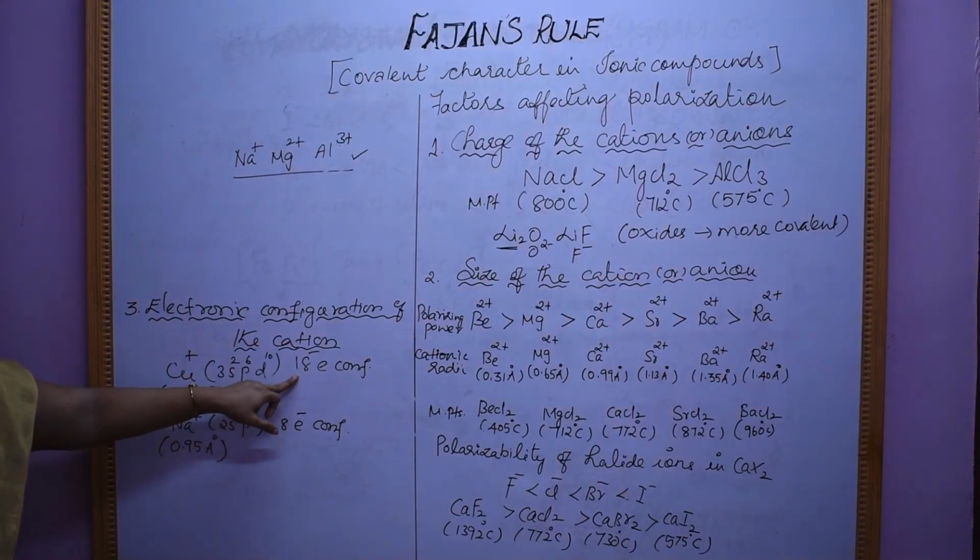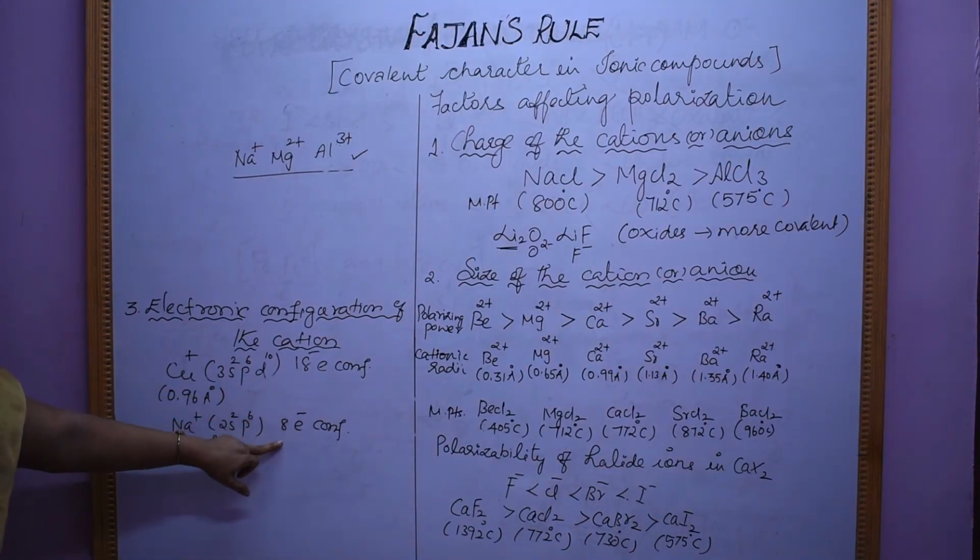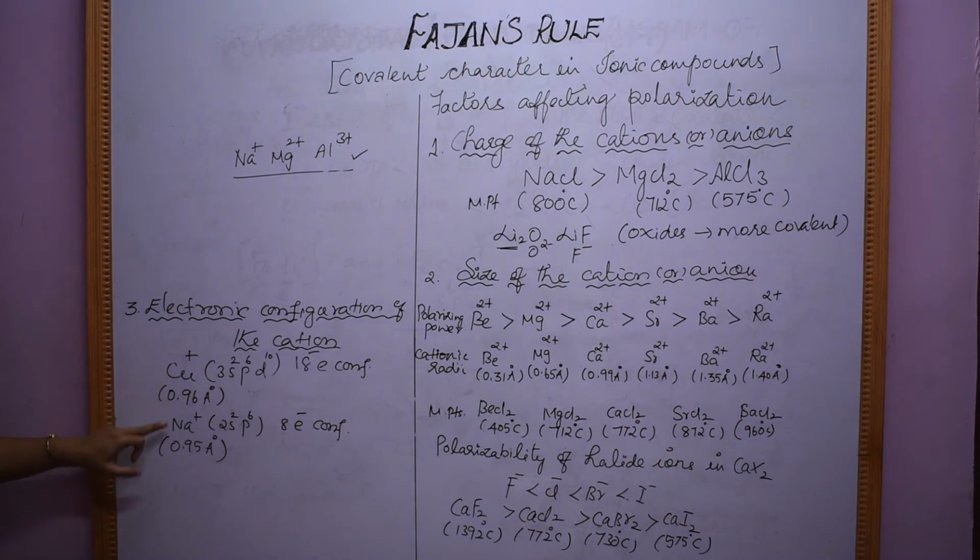Both Cu plus and Na plus have the same one positive charge, and the size is also the same. However, the polarizing capacity of Cu plus is found to be more when compared to Na plus, because Cu plus has the 18 electron configuration.